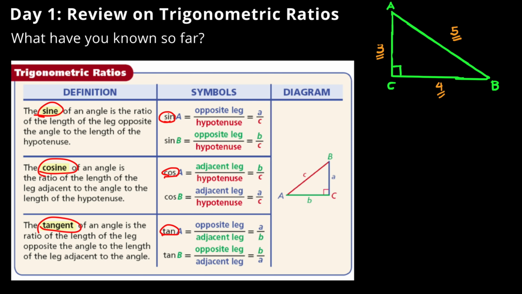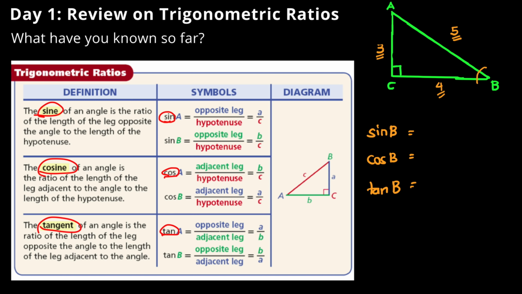Now let us solve the 3 basic trigonometric ratios based on our reference angle, this time angle B. So we'll write down sine of angle B, cosine of angle B, and tangent of angle B. So take note that for every trigonometric function, sine, cosine, and tangent, they're always associated with any of the 2 acute angles of the right triangle.